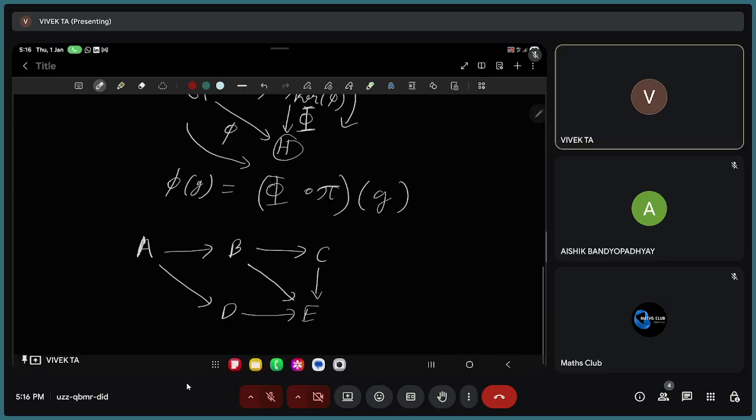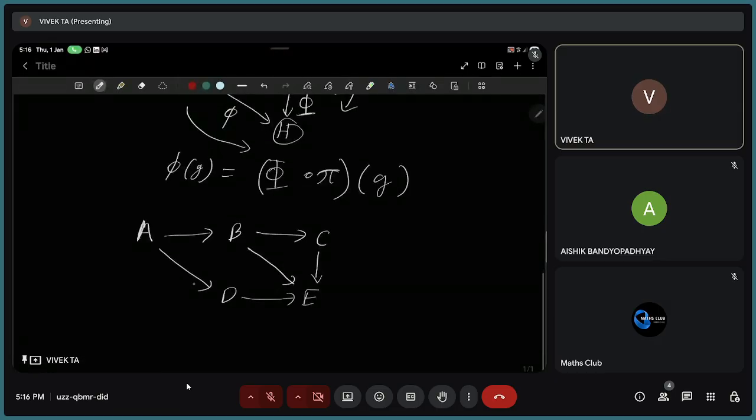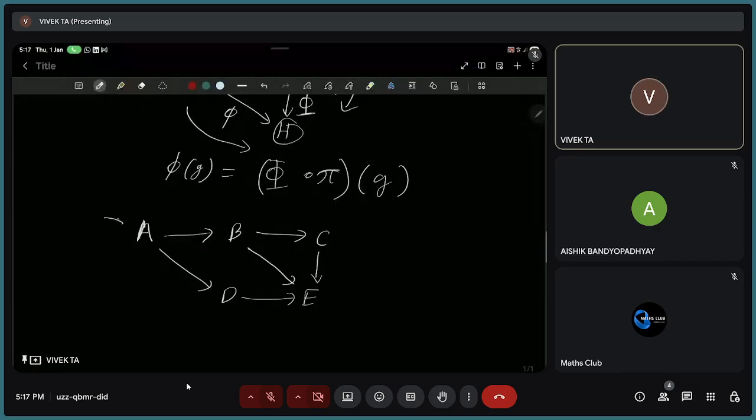This diagram is defined to be commutative if you start from A, let's say this is our starting point, and let's say this is our ending. Any path you choose from here, A to B to C then E, A to D to E, and A to B to E, all of these give you the same endpoint.